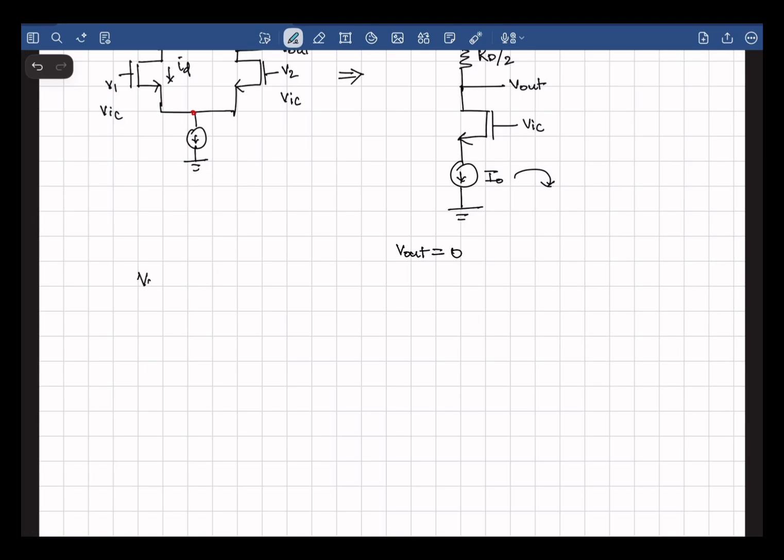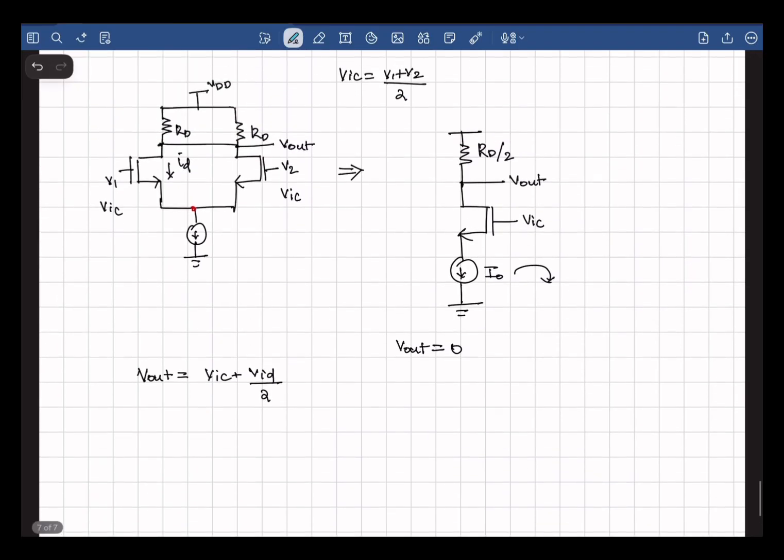So the total voltage considering both the components would be something like VIC plus VID divided by 2.